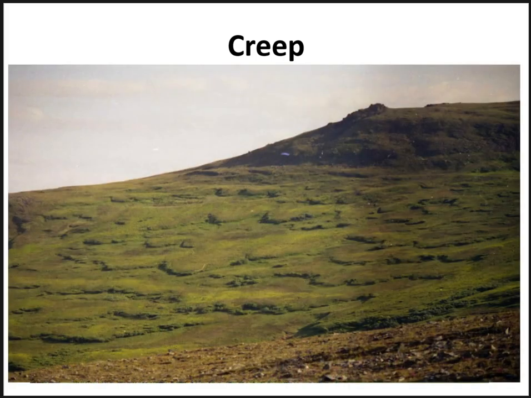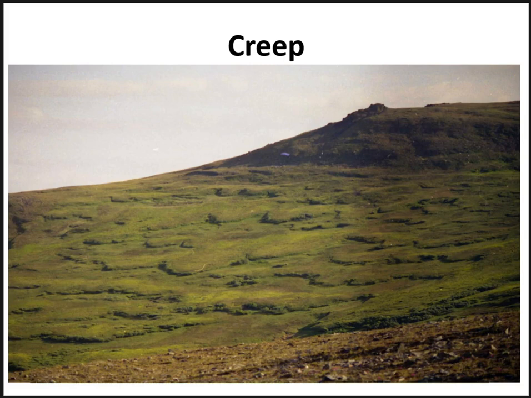A special form of creep called solifluction occurs in relatively cold regions where short summers thaw the uppermost layer of the soil, but the layer below remains permanently frozen, and is called permafrost, through which the water does not drain. So you have the soil at the top that thaws and has some water, but the water can't penetrate the permafrost.